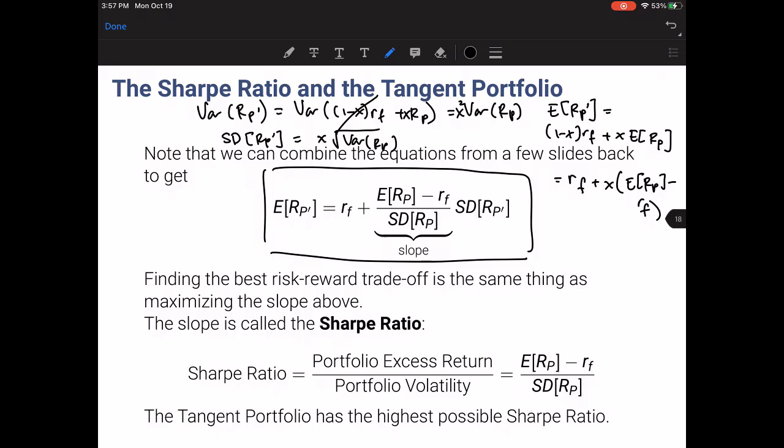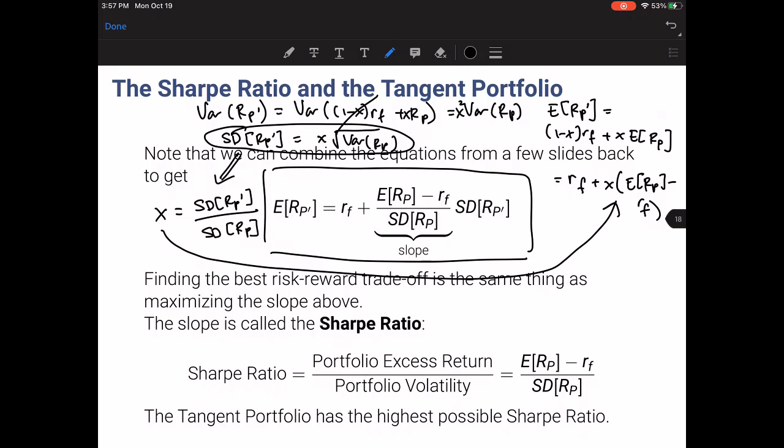Right? Based on this expression here, we know that x is equal to SD of RP prime divided by SD of RP. And we can simply substitute this here.